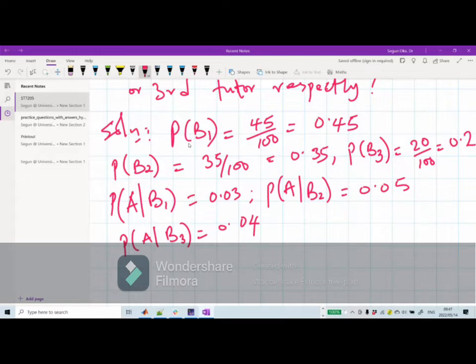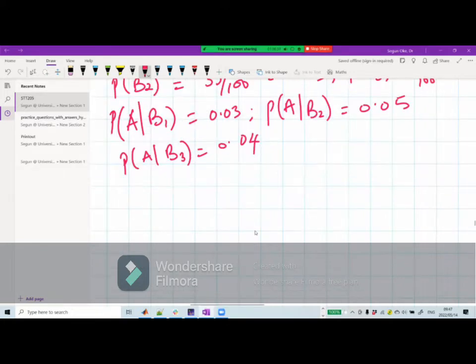Now, please read the question again. If a script selected is found to have an error, what is the probability that the script was marked by the first, second, or third tutor, respectively?